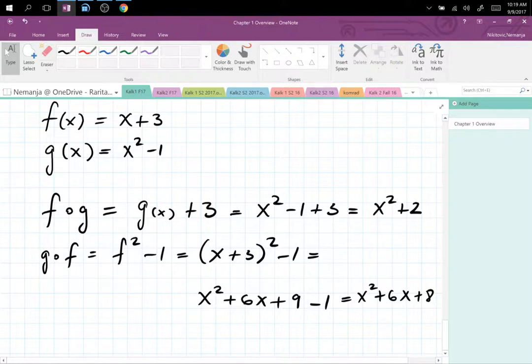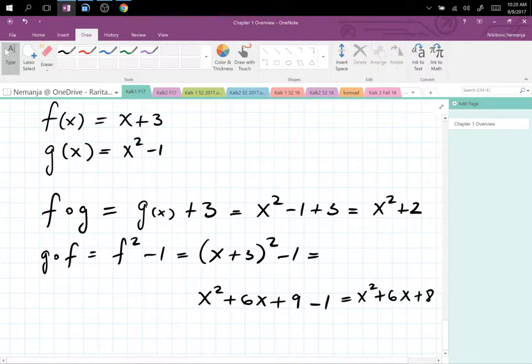So you see that instead of this x, we replace g, and then we plug what g is, plus 3, which came from f, and we have together. Here, g is the main. So if you look at this from far away, this is x squared minus 1. But we are replacing every x in that problem with f. Well, we only had one x, so just that's f. And now you have this.